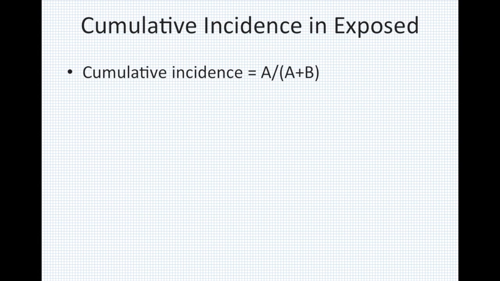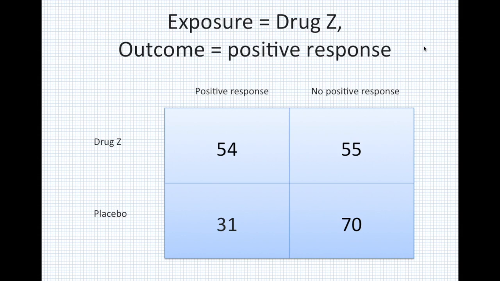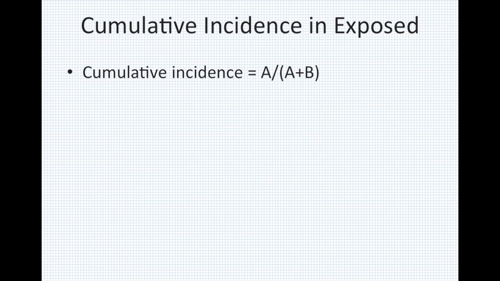As a refresher, the cumulative incidence in the exposed would be those who receive drug Z and have a positive response divided by the entire treatment population. So 54 divided by 54 plus 55.